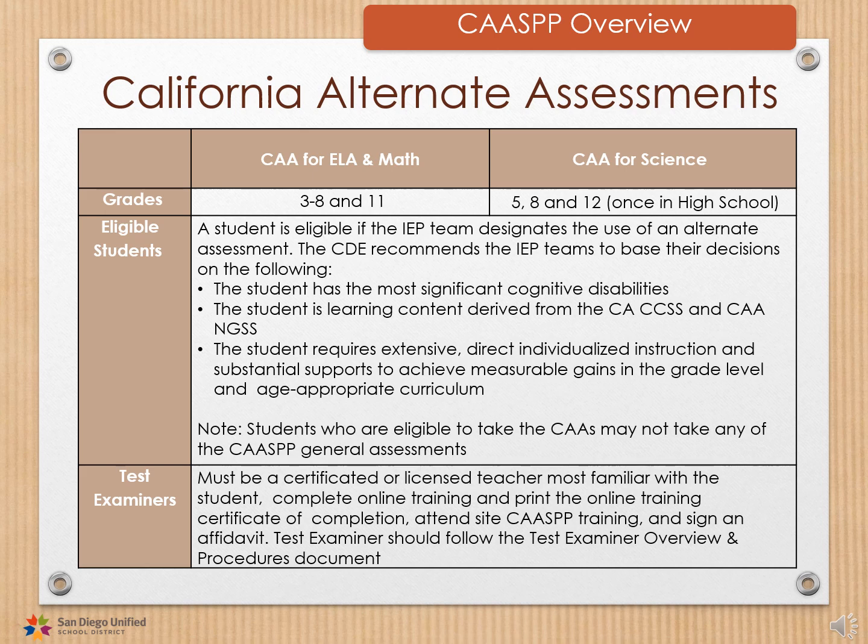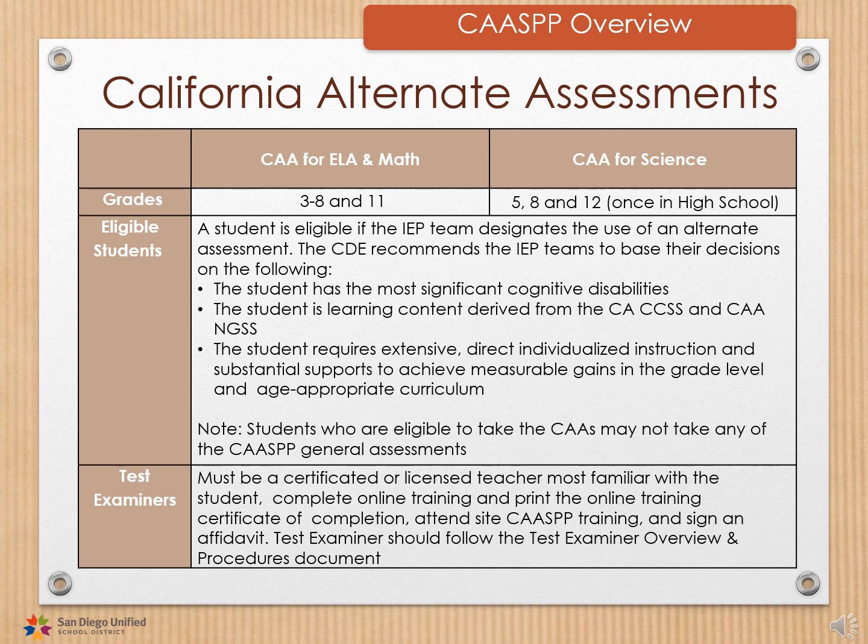Students who are identified for an alternate assessment will take the alternate assessment in all eligible content areas. A student is eligible if the IEP designates the use of an alternate assessment. The CDE recommends the IEP team base their decision on the following.